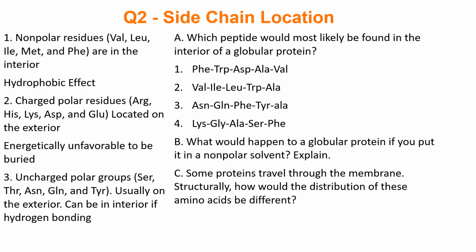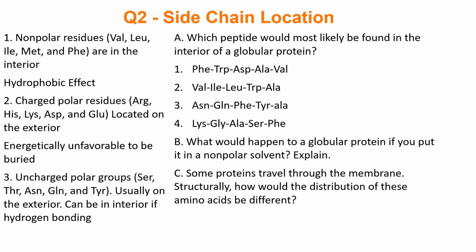What we see is that for most proteins, your nonpolar residues are going to be inside the protein. This is due to the hydrophobic effect, right? Water doesn't want to interact with these amino acids, and so they're going to be pushed towards the center of the protein, while on the outside, you're going to have your charged amino acids: arginine, histidine, lysine, aspartic acid, glutamic acid.